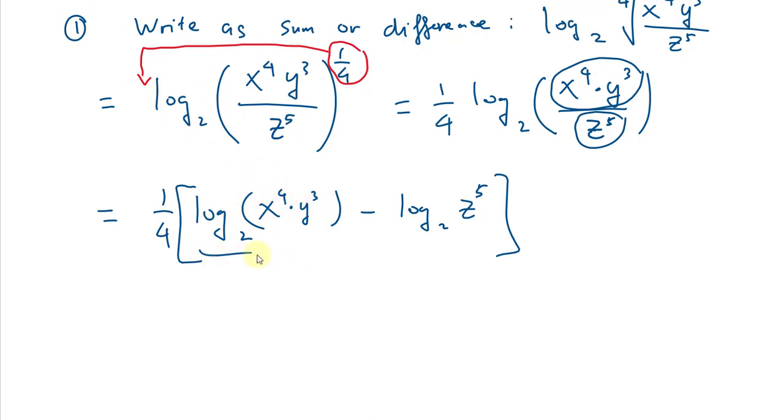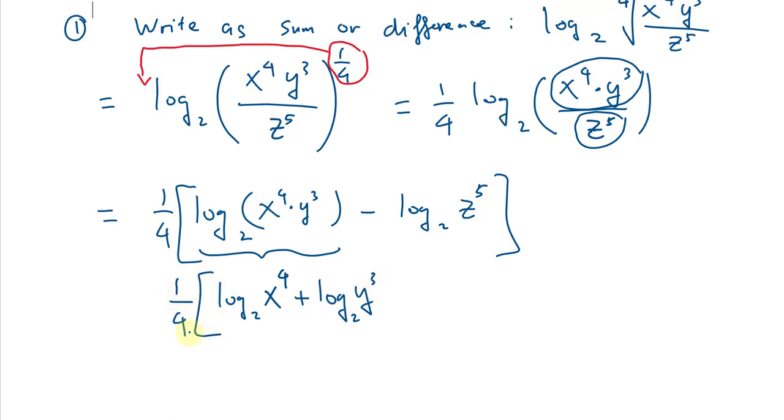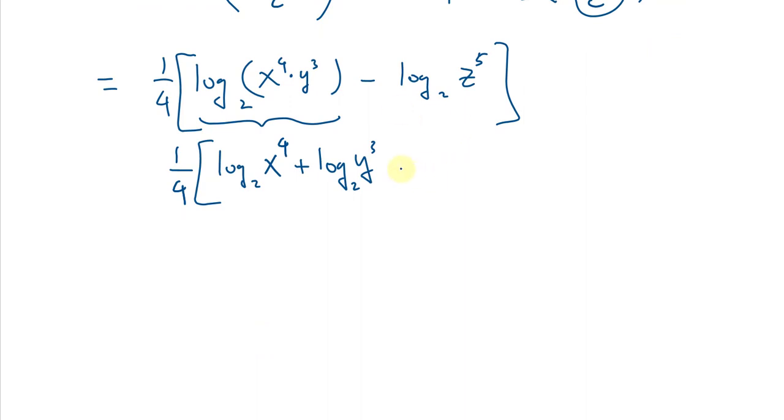Okay. So between these two guys, I can have the log base 2 of x to the 4. The product becomes the sum. The log base 2 of y to the 3rd power. Don't forget that we still have the 1/4 in the front, and then the log base 2 of z to the 5th power.